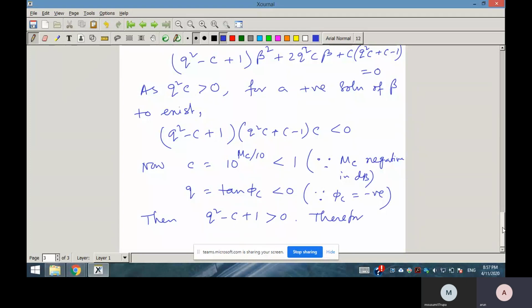Therefore, for a positive solution of beta to exist, what is the condition?